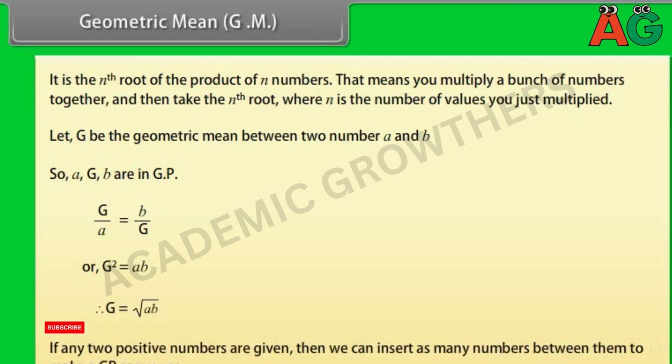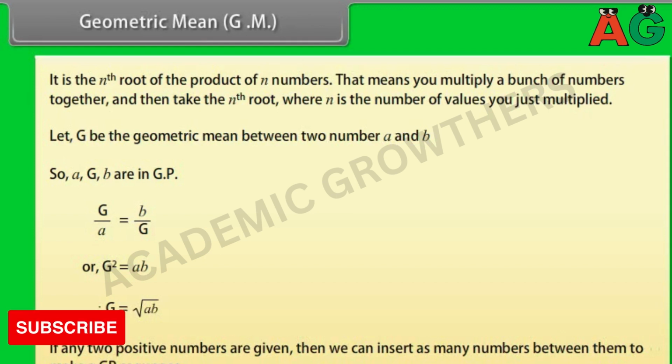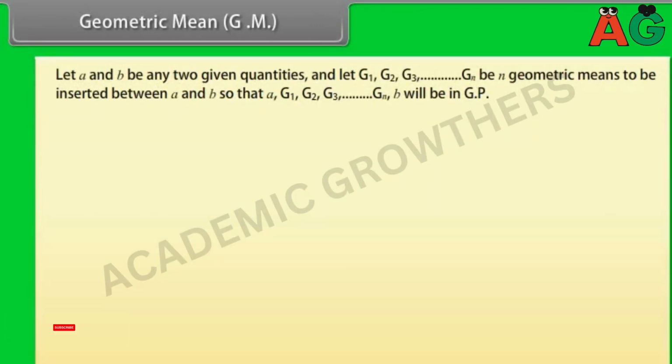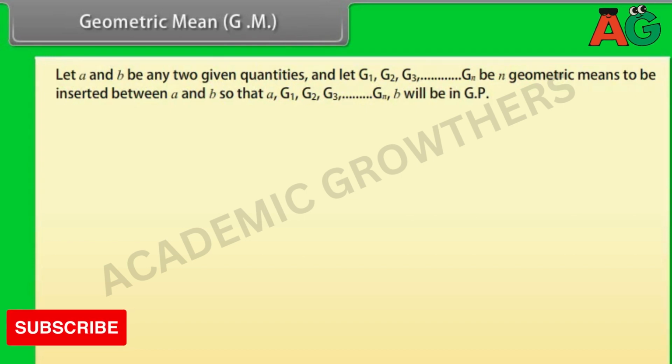If any two positive numbers are given, then we can insert as many numbers between them to make a GP sequence. Let a and b be any two given quantities, and let G1, G2, G3 up to Gn be n geometric means to be inserted between a and b, so that a, G1, G2, G3 up to Gn, b will be in GP.